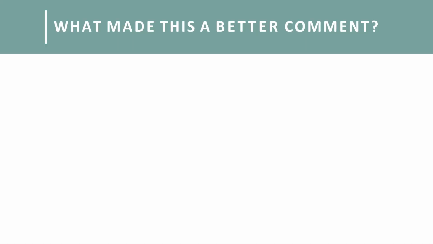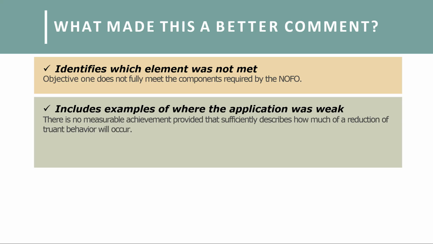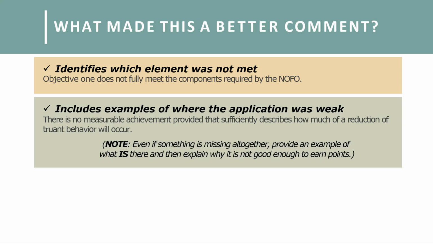So why was this a well-written comment? First, it identified the element by referring to the objective. Second, it referenced an example. Keep in mind that you must provide examples to support your analysis, even if something is missing. Use an example of what is there, like the mention of reducing truant behavior, and then explain why this little bit of information is not enough to earn points.